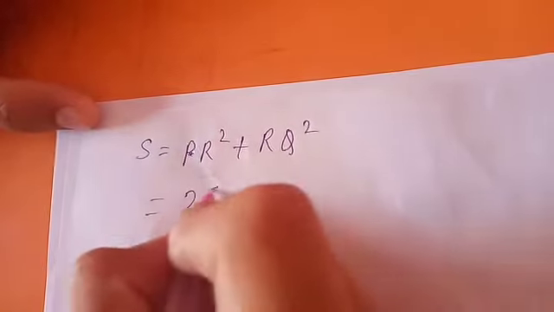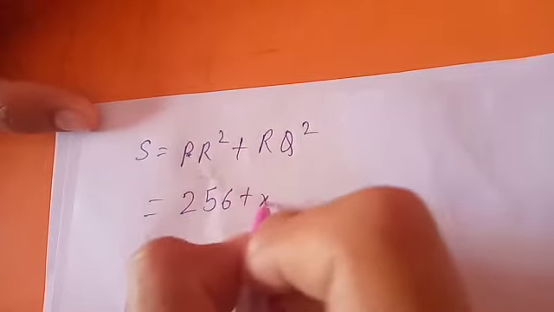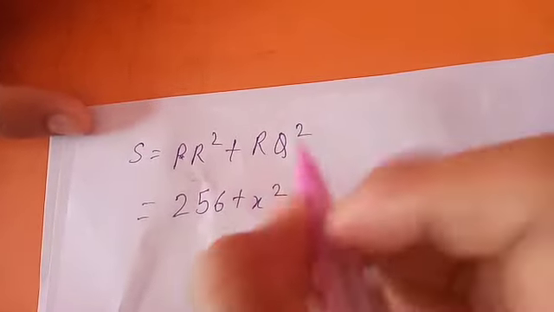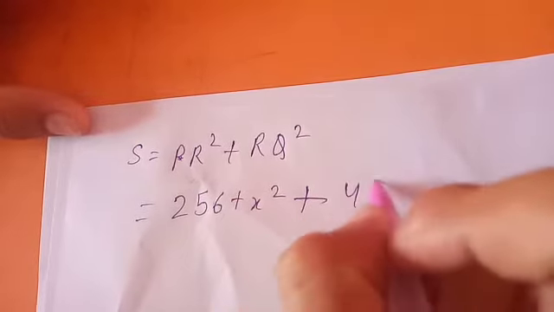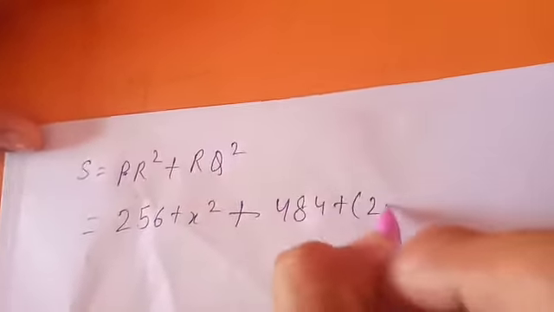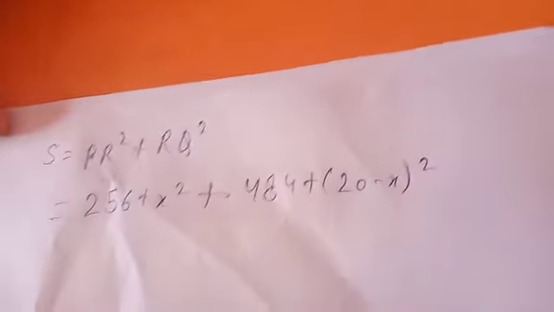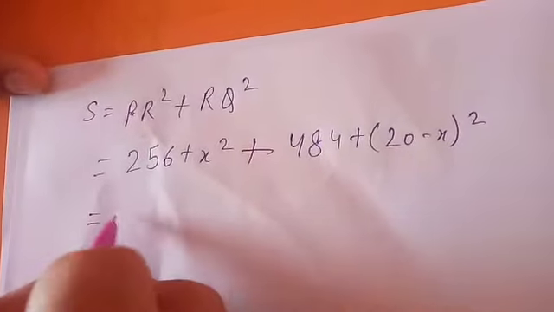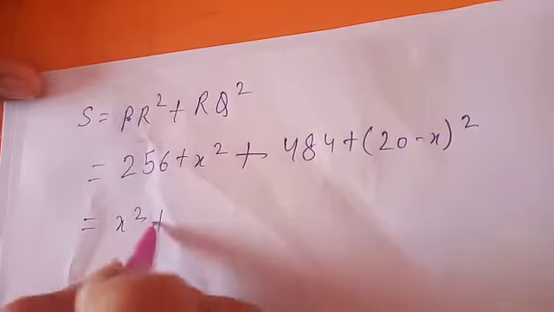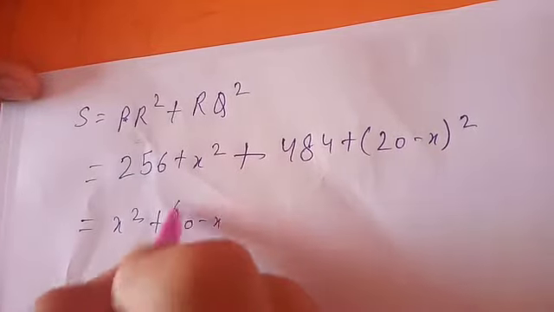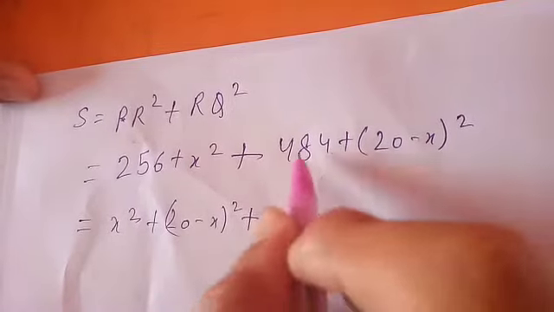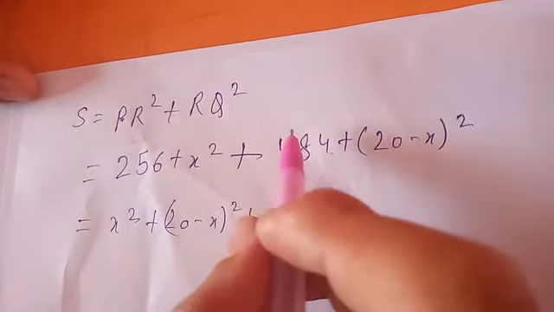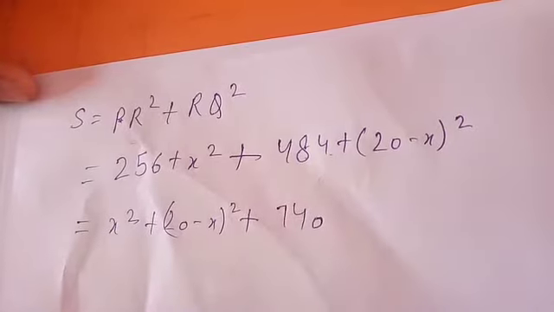PR square is 256 plus x square, plus QR square value is 484 plus 20 minus x whole square. So we get x square plus 20 minus x whole square plus 740.